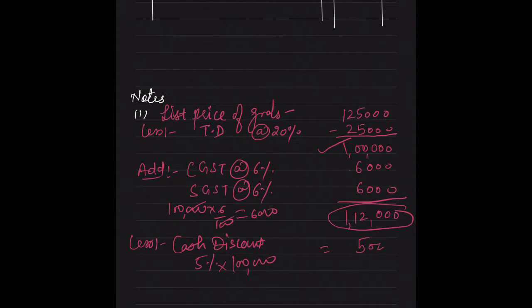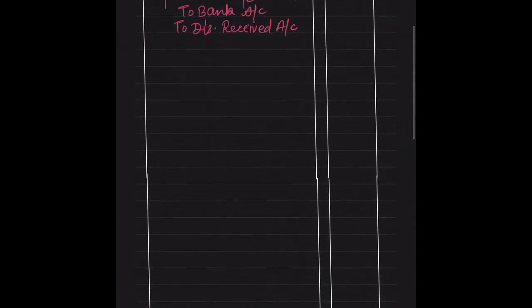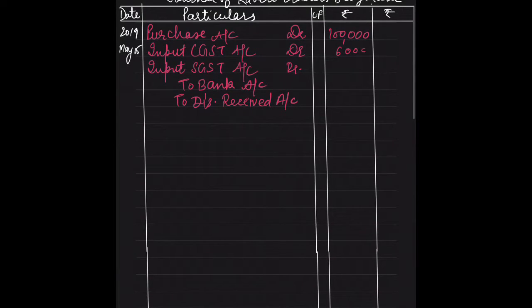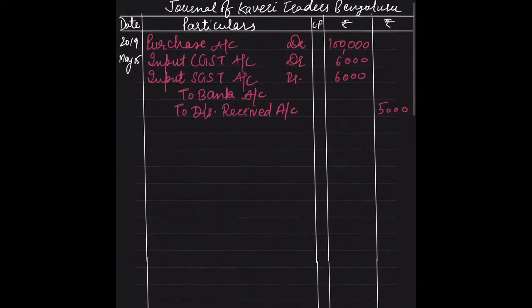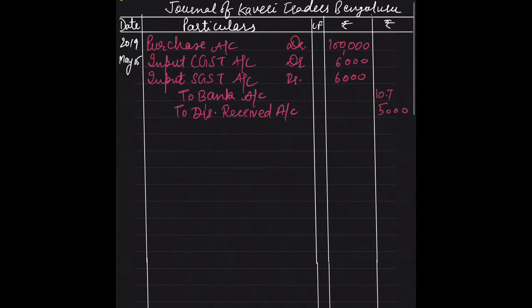Cash discount will be 5,000. 1,07,000 is our net amount. Fill in the amounts: CGST and SGST 6,000 each, discount received 5,000, and the net amount of 1,07,000 will be shown on the bank account.